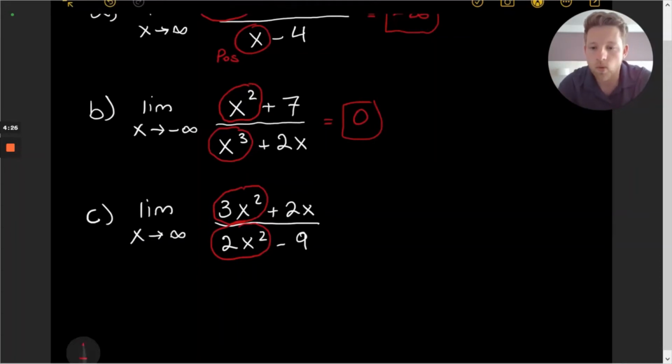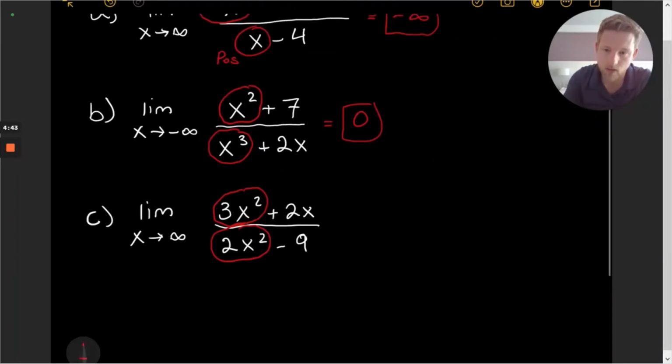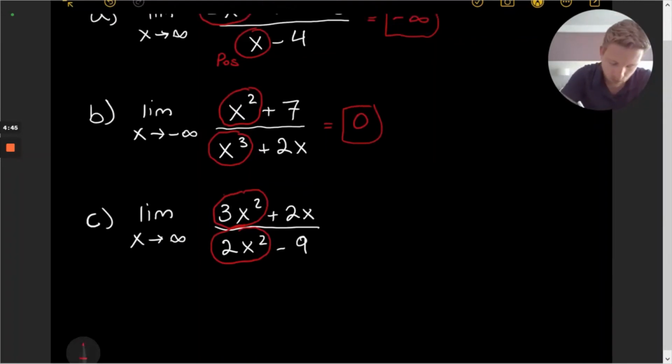But we'll notice that one has a coefficient of 3, one has a coefficient of 2. So in this case, we have a horizontal asymptote at this ratio 3 to 2, because the numerator and denominator will be growing at the same rate other than that coefficient of 3 and 2.